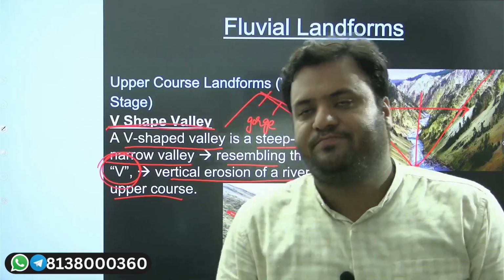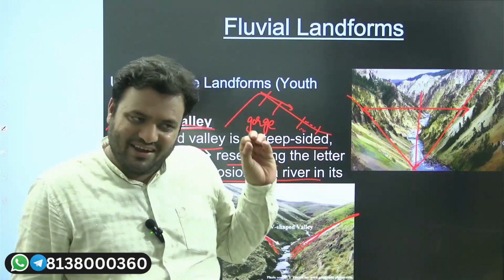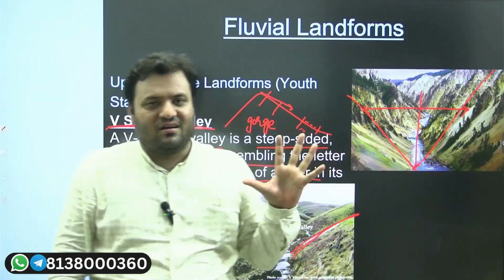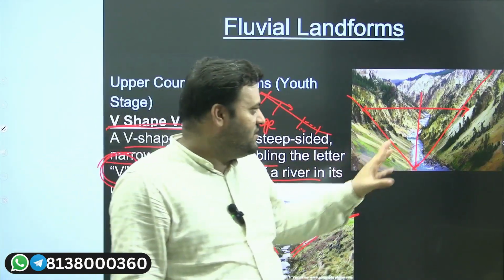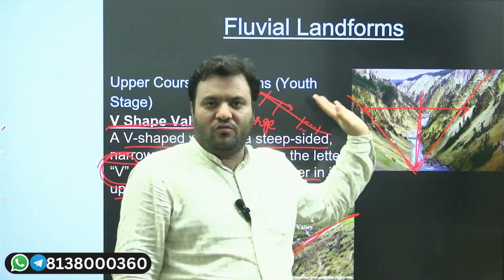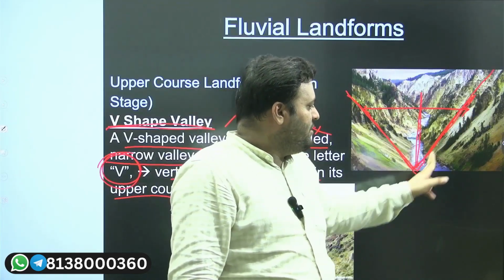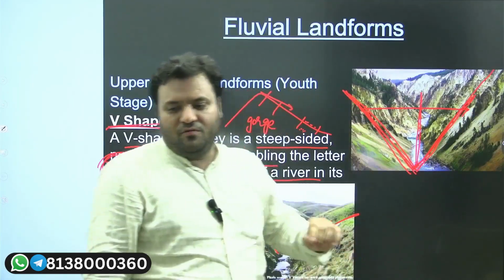All right, so we have some lateral horizontal cutting or removal, and we have more vertical down cutting. If both of them are taking place, as a result there will be a V-shaped valley formed.